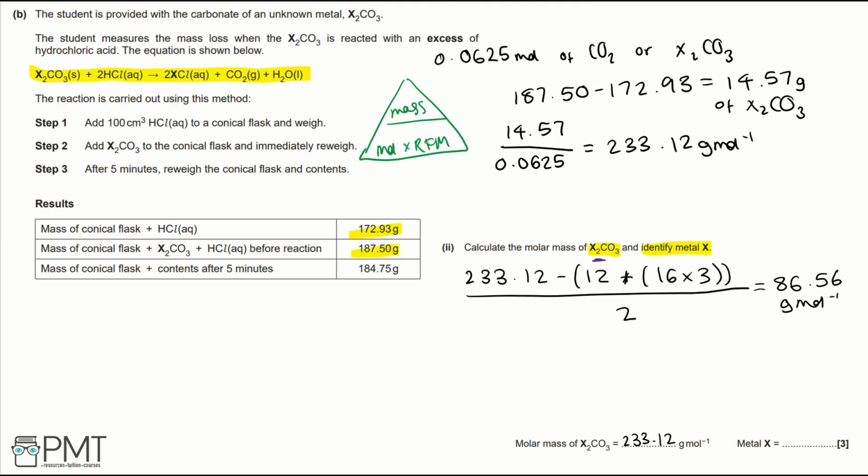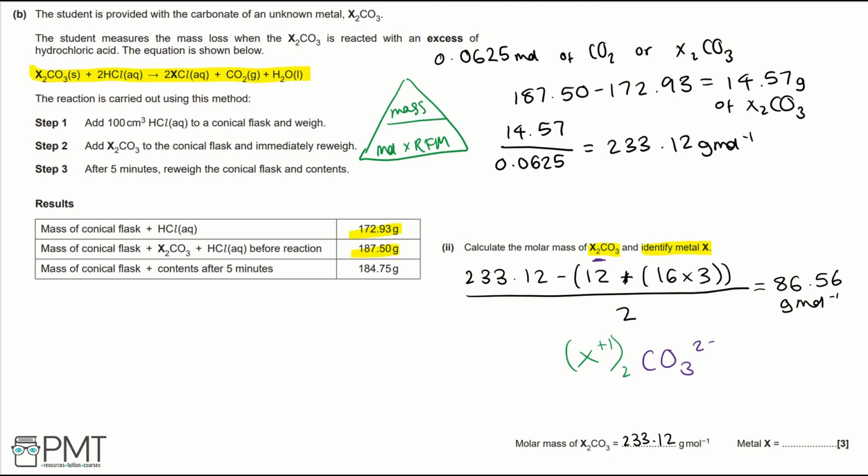But this isn't the relative atomic mass of any element on the periodic table. Instead, it's between two. Now, in order to work this out, we want to work out the charge that X has in the carbonate. So a carbonate ion has a 2- charge, and there are two X's, which means that each X will have a +1 charge.